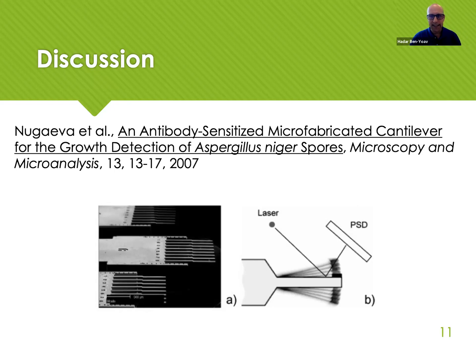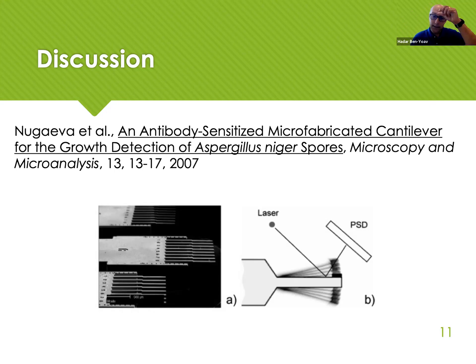Aspergillus niger is a kind of mushroom. It has spores, basically single cells of the mushroom before it starts to be infectious. And this guy developed a sensor that has an antibody that binds to the spore.